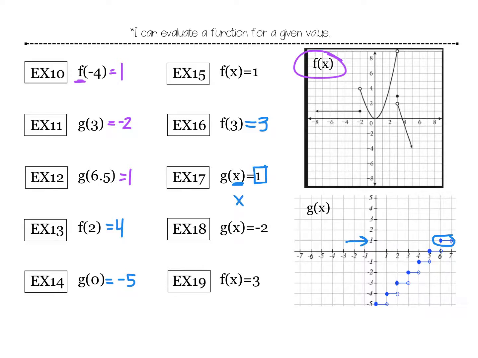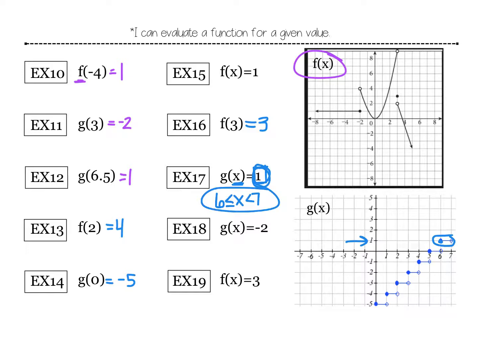Now, the output is 1 when x is between 6 and 7. So we're kind of writing a compound inequality, and if you notice, it's closed at 6, so it's or equal to, but it's open at 7. So the output is 1 when x is anywhere between 6 and 7, including 6 but not including 7.